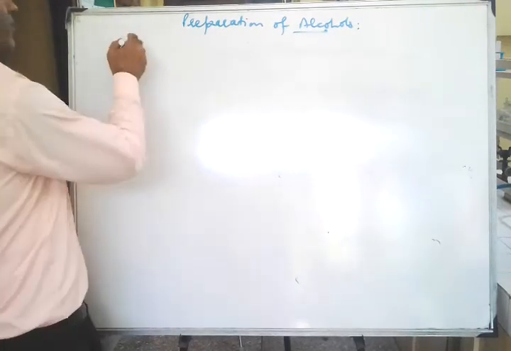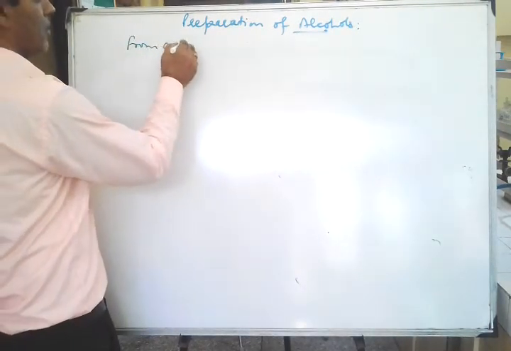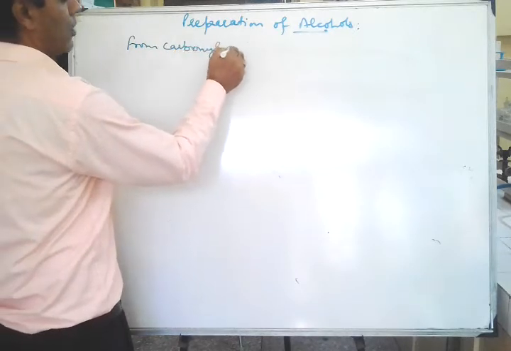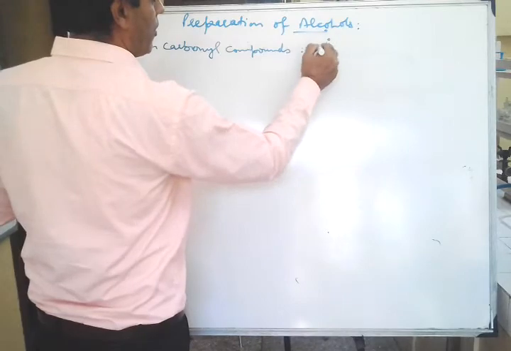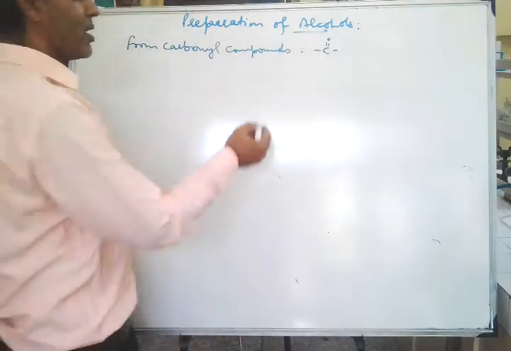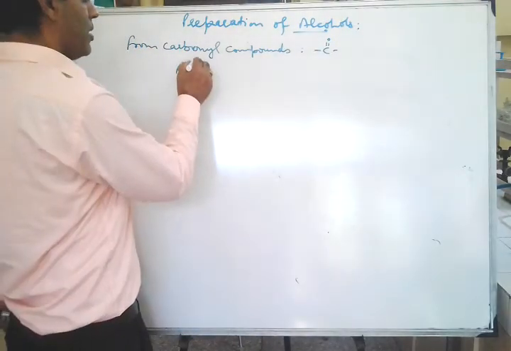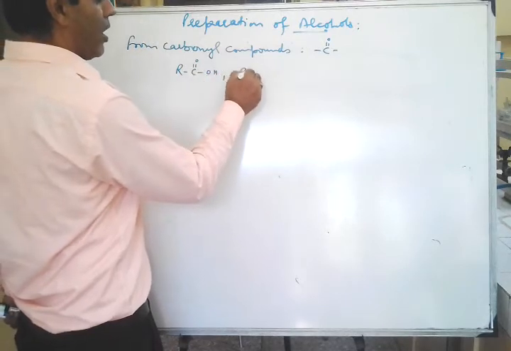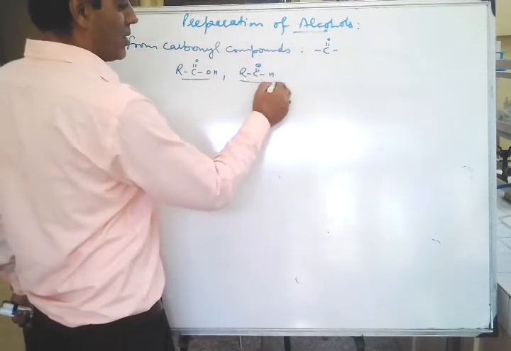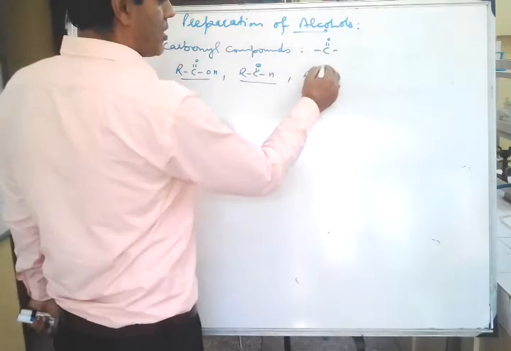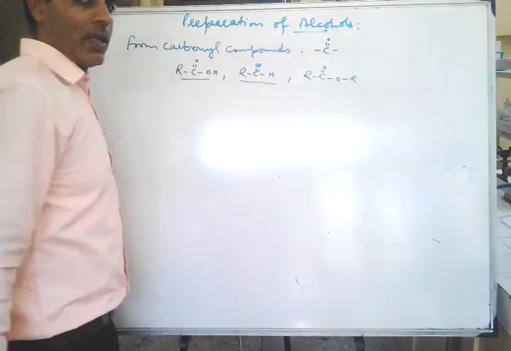So from carbonyl compounds, what are carbonyl compounds? Which contain C double bond O group. For example, RC double bond OH, RC double bond H. This is carboxylic acid, this is aldehyde, this is ester, right?